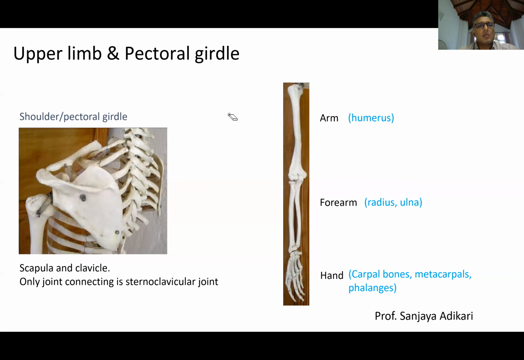So then when it comes to the pectoral girdle or the shoulder girdle, which consists of the scapula and the clavicle, the two bones only, people describe it in different ways. Some people take all four bones together, the two clavicles and the two scapulae, and call it the pectoral girdle, and they say that it's incomplete here, not like the pelvic girdle. But the issue is the two sides are not at all physically connected, and when it comes to function, they function independently of the other side.